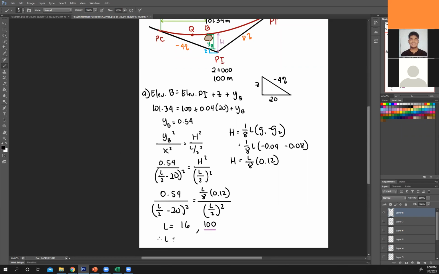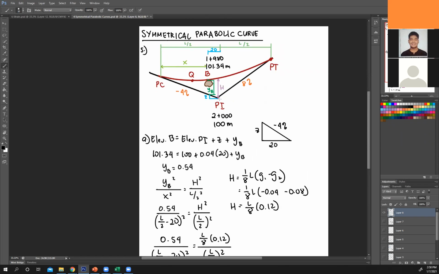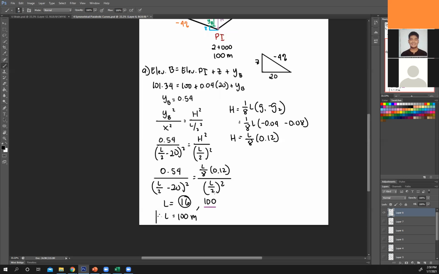Therefore L, we're going to use 100 meters. Obviously, why? The distance from B to PI is already 20. So that exceeds the length of 16. Therefore, it should be 100.